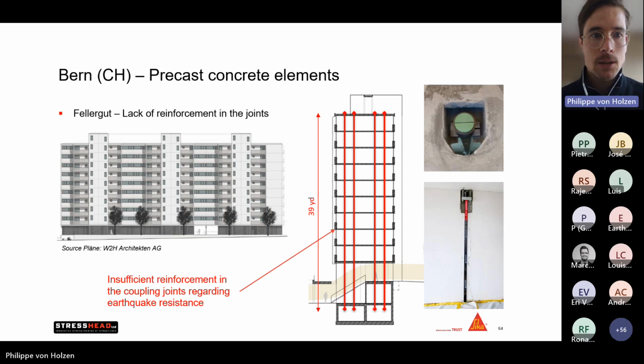And at the end, I would like to show you here this project again from Switzerland. The reason for the strengthening was that this building was made out of precast concrete elements as high as 1 story, and there was an insufficient reinforcement in the coupling joints regarding earthquakes, so it needed an additional strengthening.